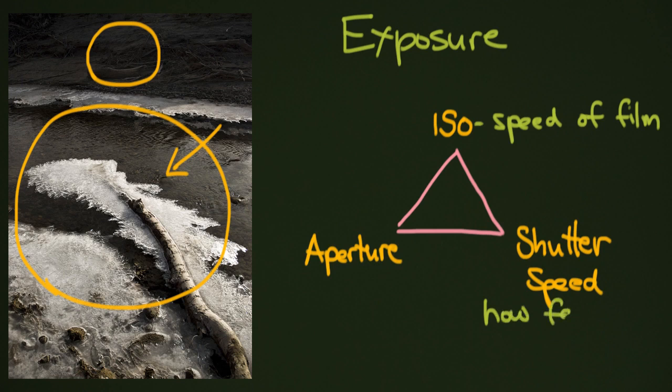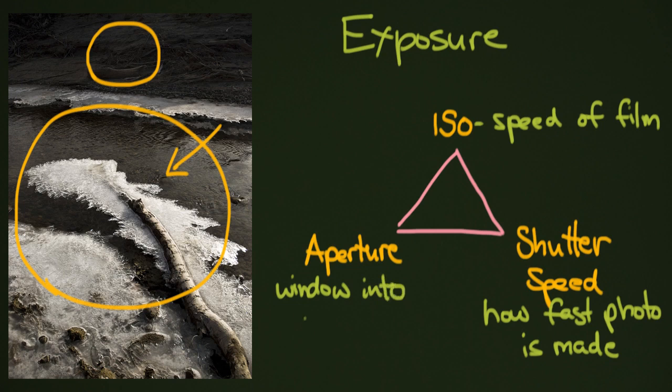So how fast the photo is made, and this is counted in hundredths of seconds. It's very quick often. And your aperture is like the window into your camera, and it affects the amount of light that you're allowing in.